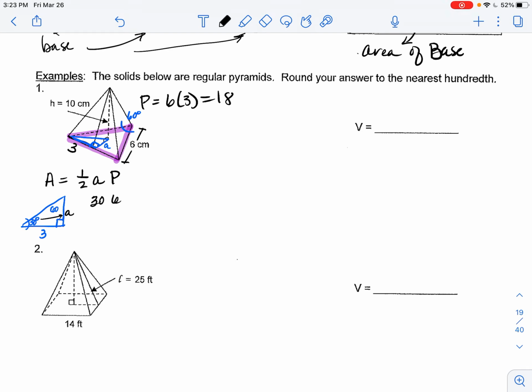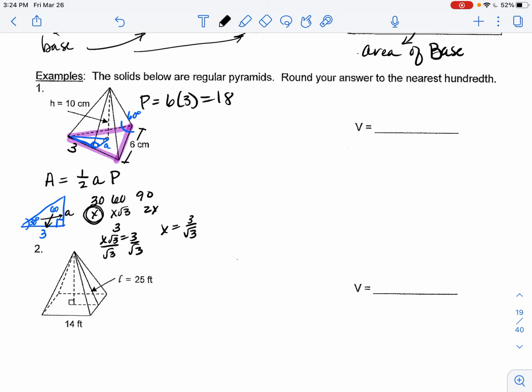Okay, so we have a 30-60-90 triangle: x, x root 3, and 2x, and across from the 60 is the 3, so x root 3 is equal to 3. Divide both sides by root 3, and so the x value is 3 over root 3. That is equal to the side across from the 30.